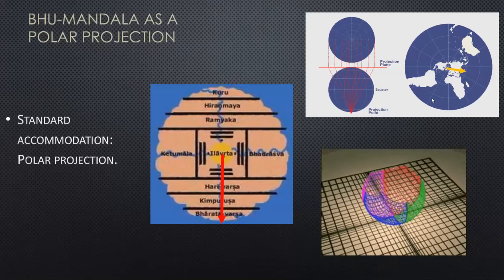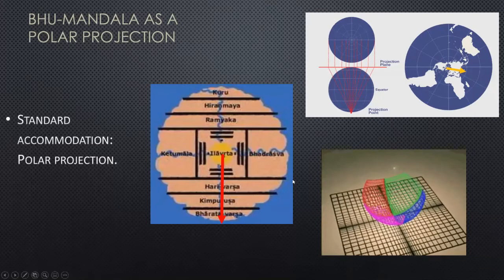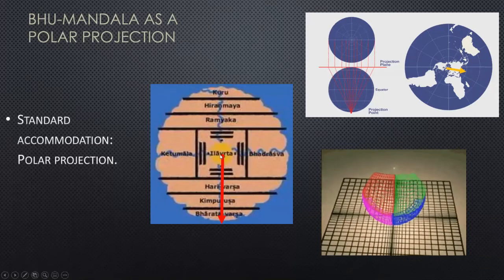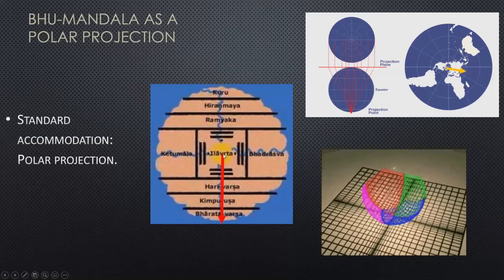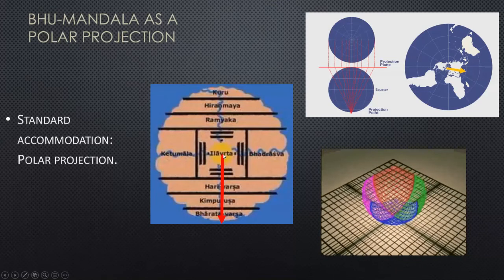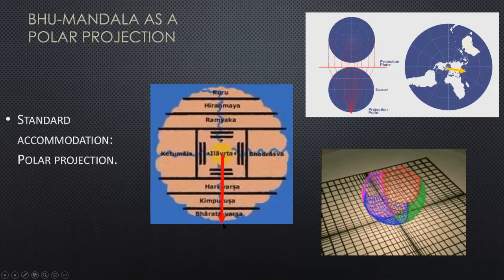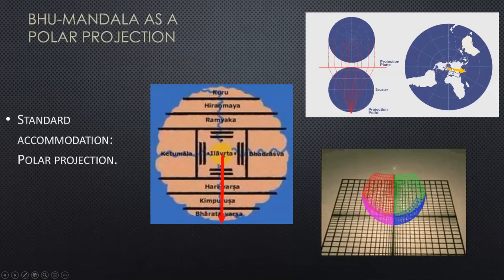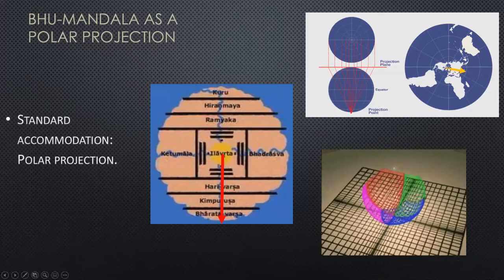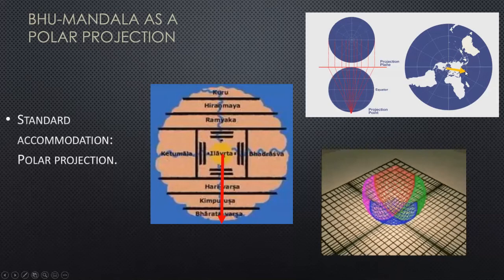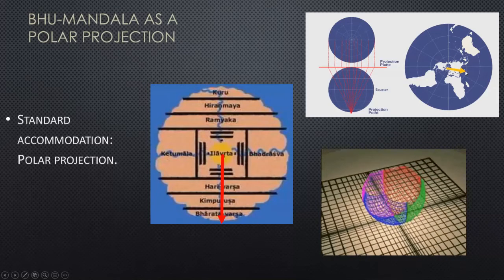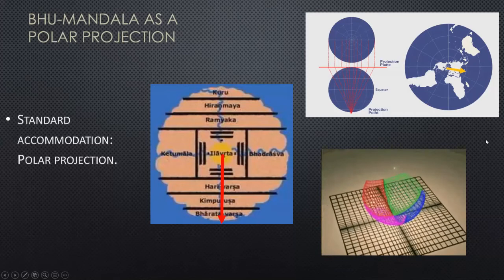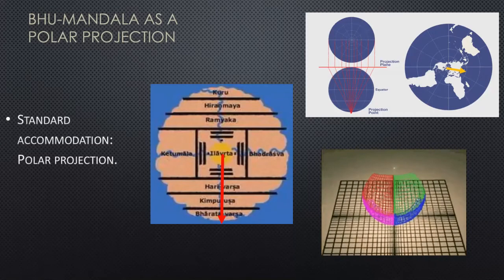By looking at this polar projection, we said, let's take the distance from the center of Mount Meru to the end of Bharatvarsha to be the distance from the North Pole to Kanyakumari, which is the southernmost tip of India.